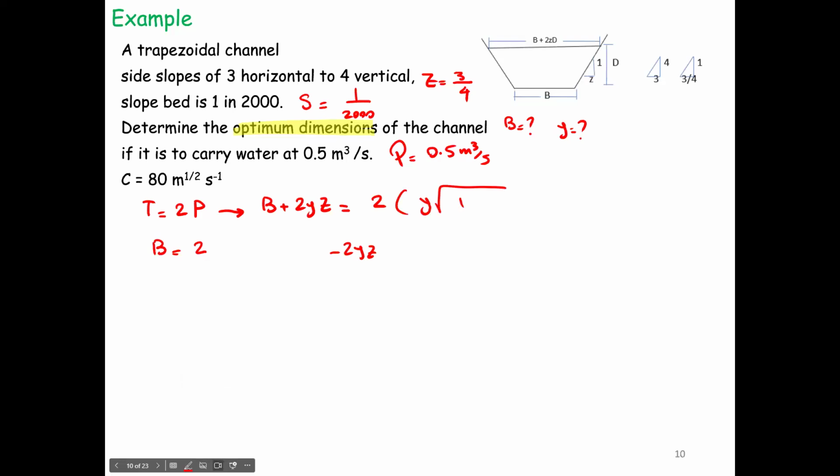Y square root of 1 plus Z squared. That's right. So 2Y square root of 1 plus Z squared minus this one. Seems correct. Yeah.